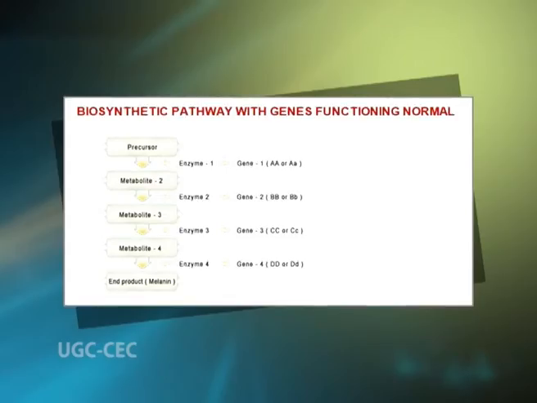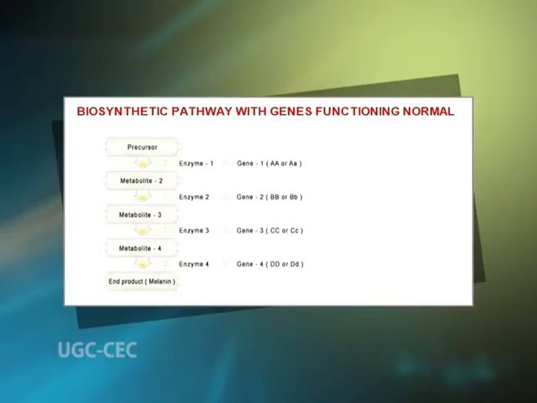We can get the idea of the process with the help of the figure. The precursor is converted into metabolite 2 only by the action of enzyme 1, and for the production of enzyme 1, the genotypic composition should be either capital A capital A or capital A small a. The conversion of metabolite 2 to metabolite 3 occurs with the help of enzyme 2.